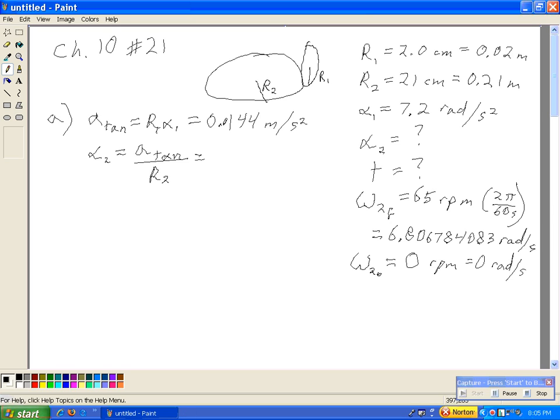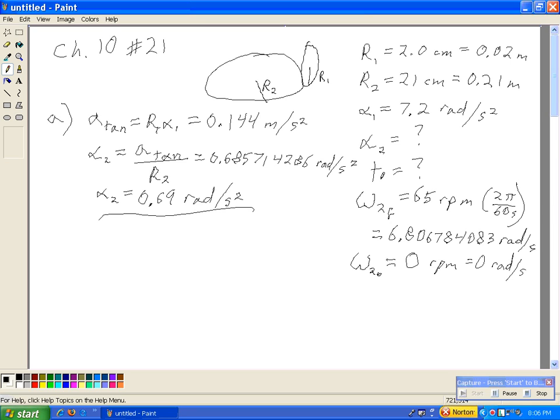We plug those numbers in, 0.144 meters per second squared divided by 0.21 meters, and that gives us 0.685714286 radians per second squared. But keeping in with the significant figures, that's 0.69 radians per second squared. We're done with part A.